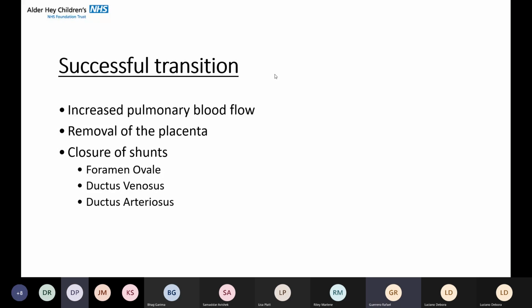Yeah, in Vietnam, they take them to theatre pretty much within the first couple of days of life as well. But interestingly, there's a large multi-center cohort study of the timing of arterial switch procedure, starting out from Emil Basha when he worked in New York.